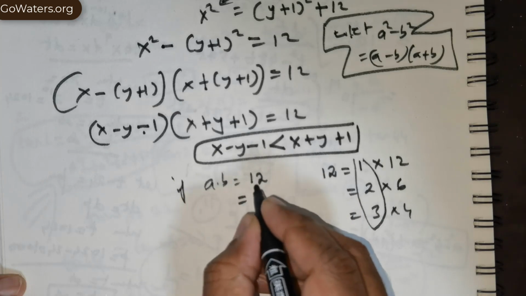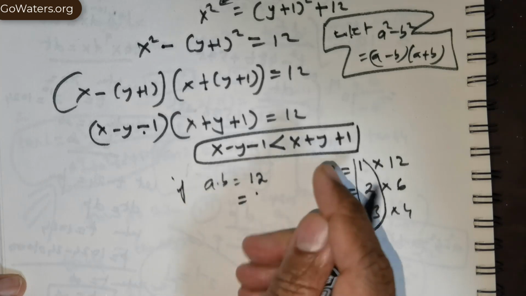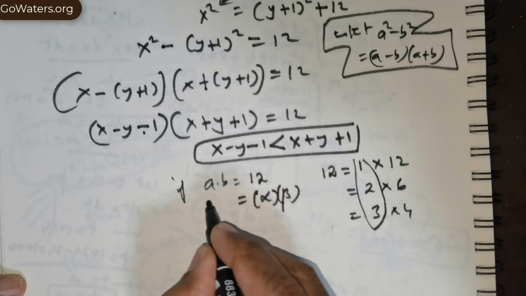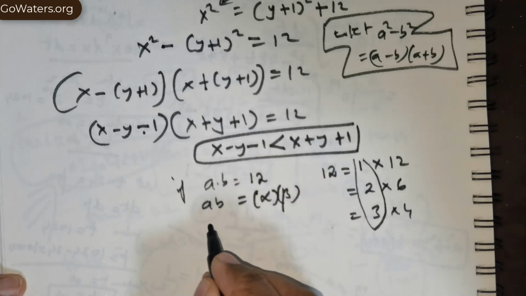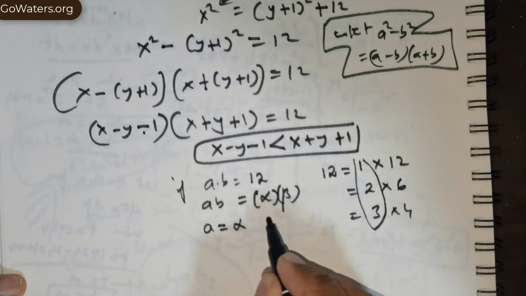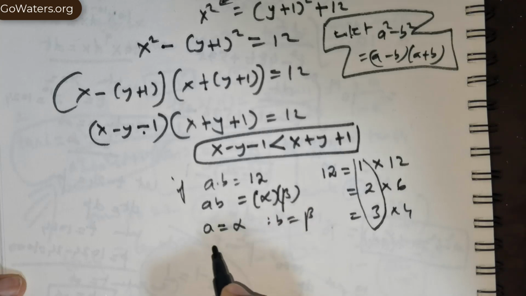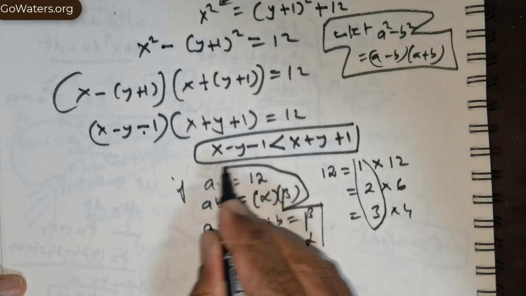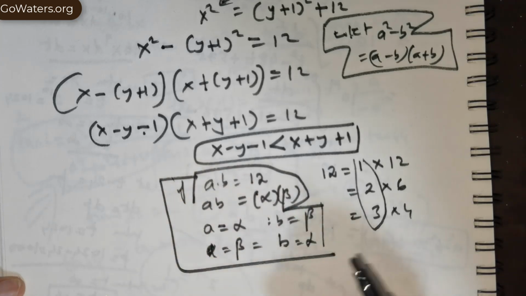and if I were to rewrite 12 as a product of two quantities, say alpha times beta, then either a should be equal to alpha, in which case b would be equal to beta, or a is equal to beta, in which case b would be equal to alpha. That is from the law of algebra.